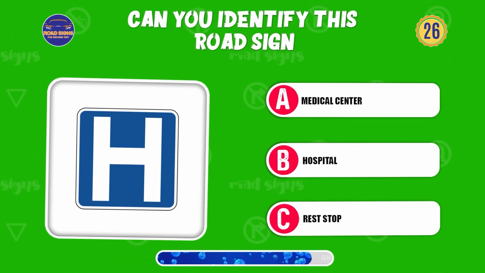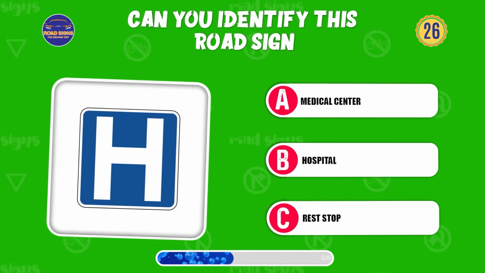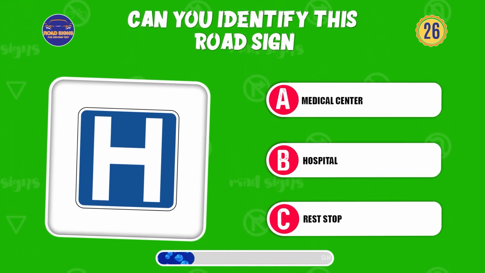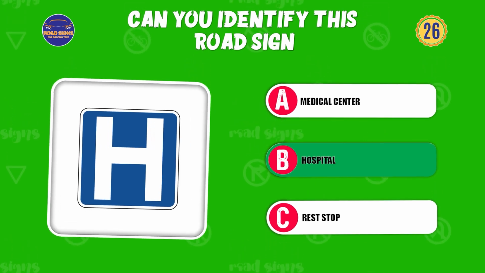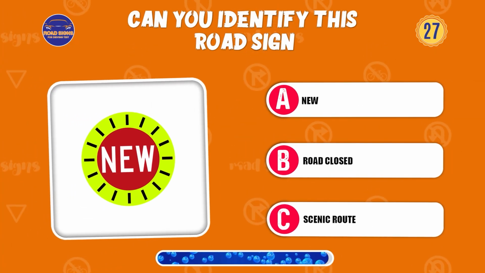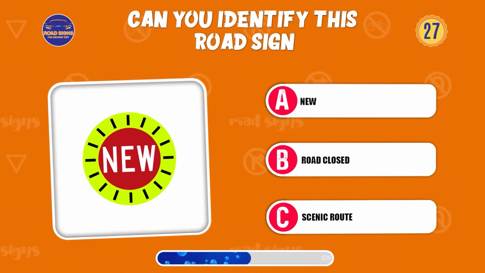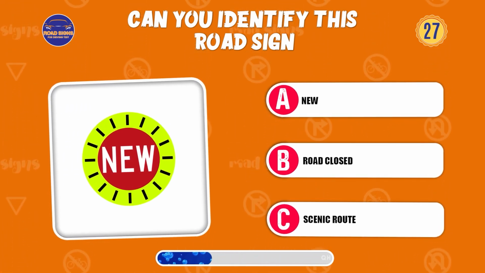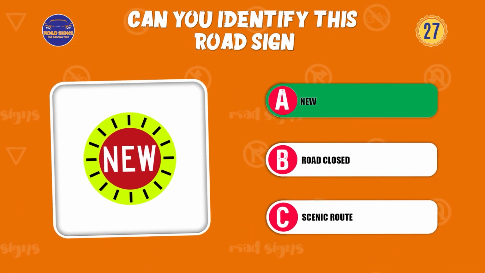What facility is pointed out by this sign? B. Hospital. What does this sign signal to drivers? A. New.